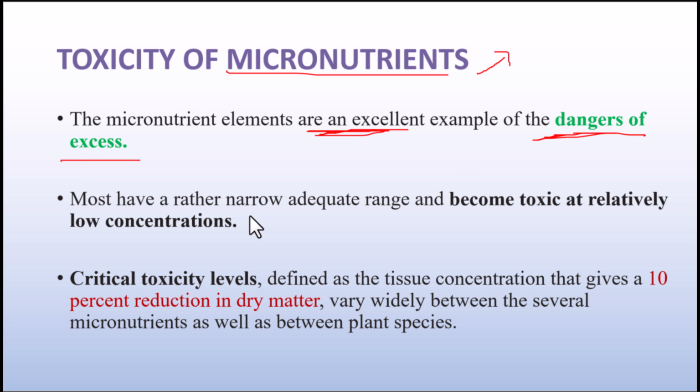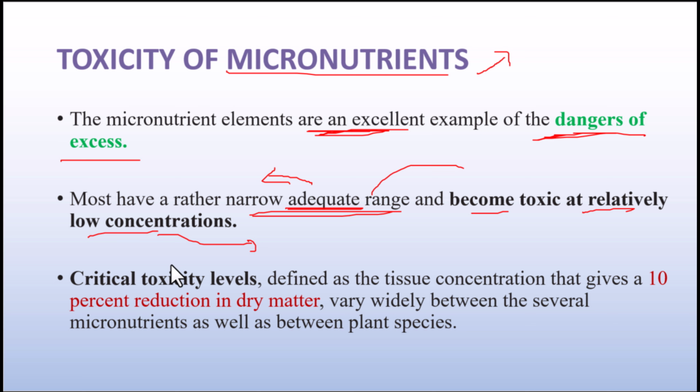Most have a rather narrow adequate range. As we discussed in the first lecture, the adequate range of the macronutrients is large, but in the case of micronutrients the adequate range is very narrow. So they become toxic even when the concentration is slightly increased. Although the total concentration is low, their adequate range is narrow.